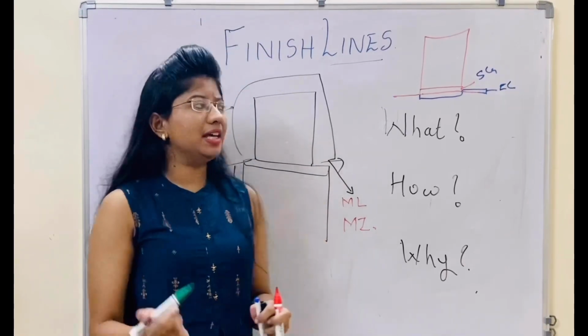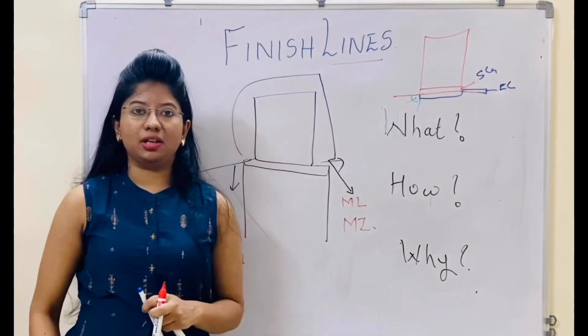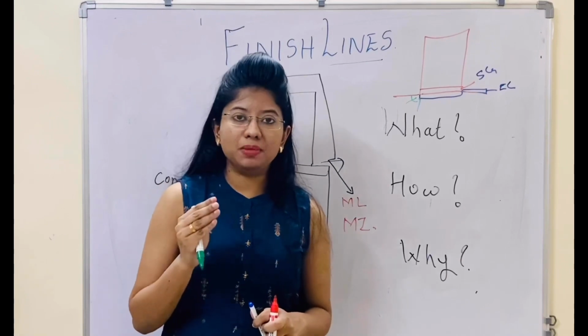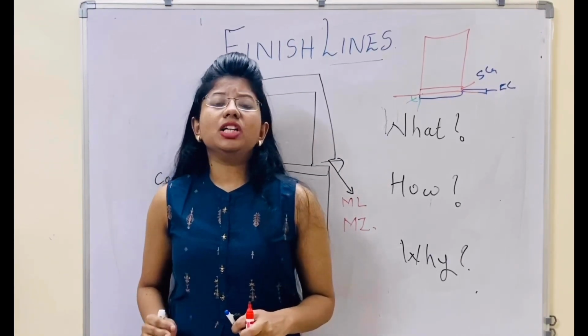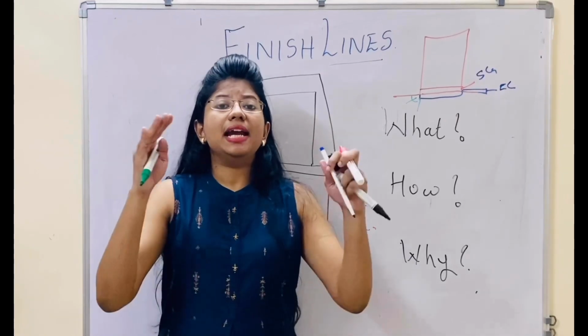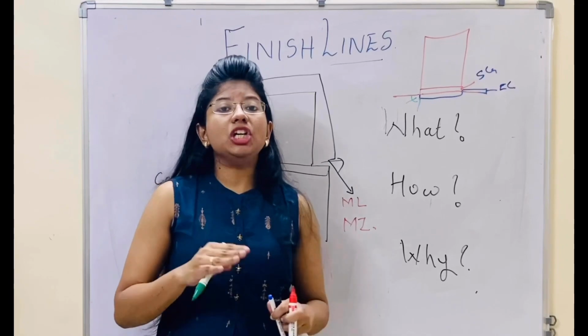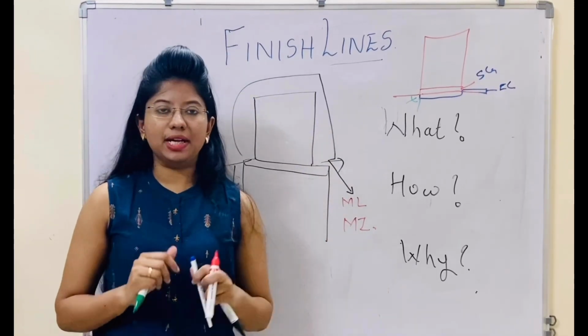Or if there is caries in this region or there is cervical erosion, to hide that, to remove that, you need to go for a subgingival finish line. But there is a disadvantage of this finish line, that is it leads to more destruction as well as tissue damage. That's why sometimes this finish line is avoided.